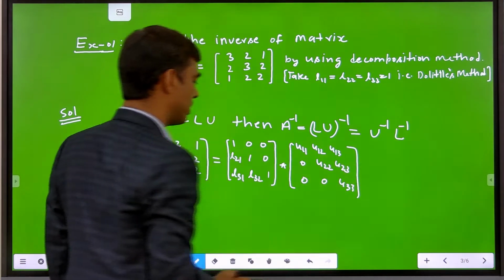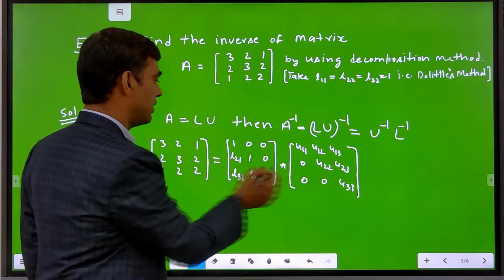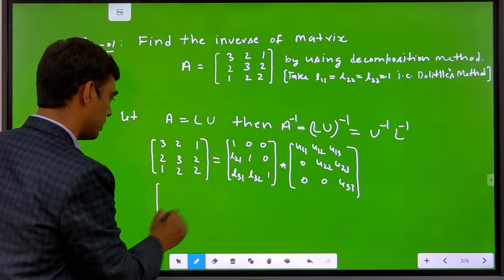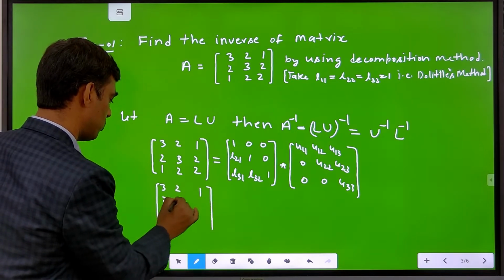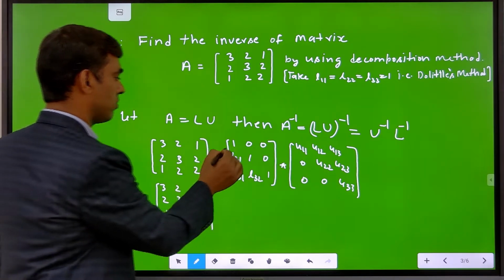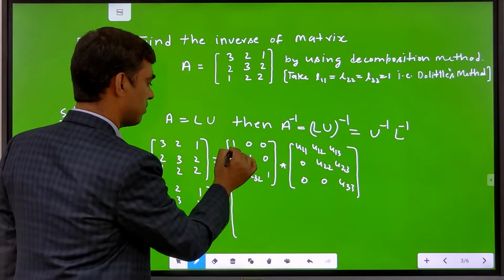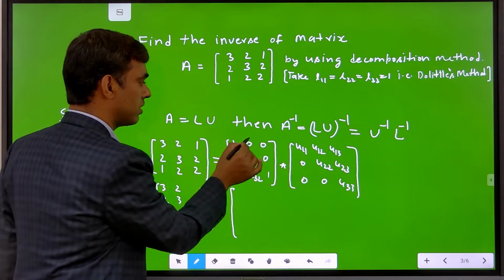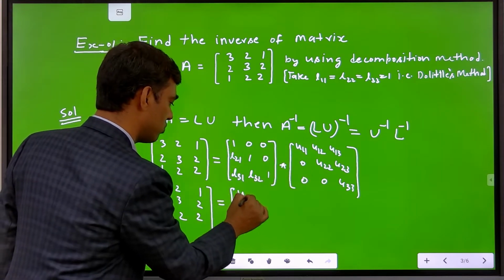Now in order to find the values of the lower and upper triangular matrices, we multiply L and U. This equals 3 2 1, 2 3 2, 1 2 2. First row, first column: multiplying row by column, 1 0 0 times U11 0 0, this becomes U11.